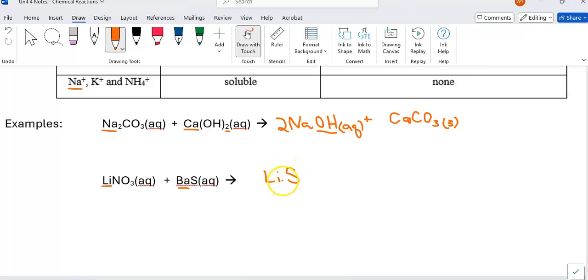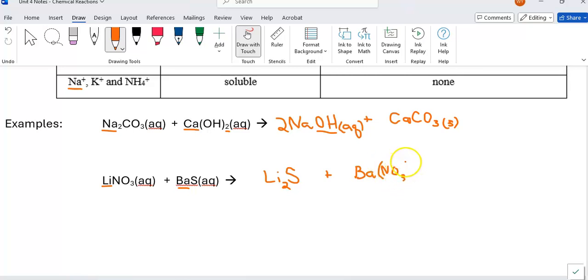If I check the charges, lithium is +1, sulfide is -2, so that would be Li2S. And then my other potential product would be barium nitrate. Barium is +2 and nitrate is -1, so we will need 2 nitrates.